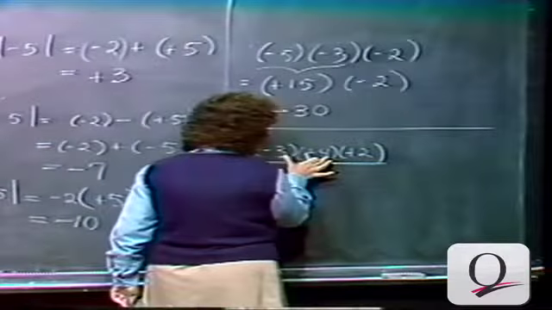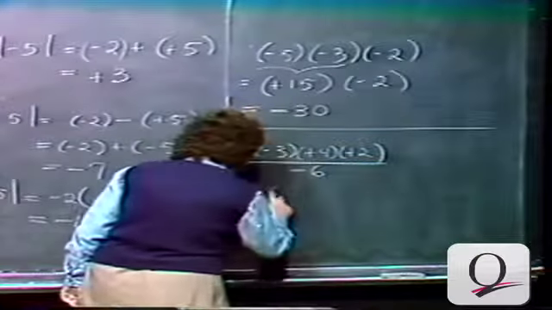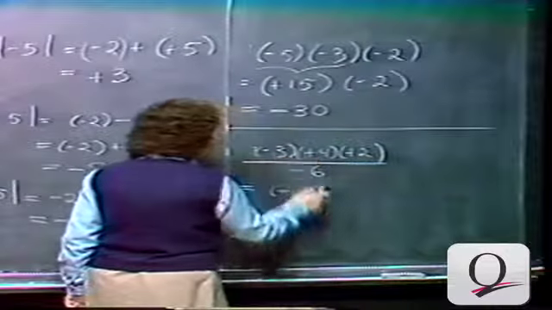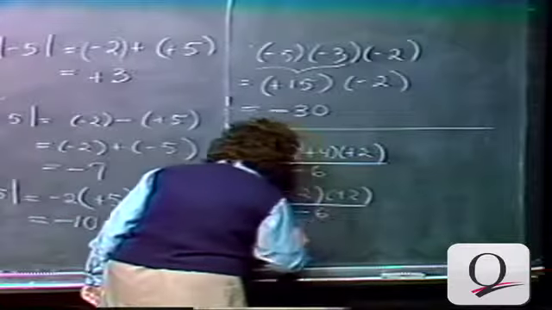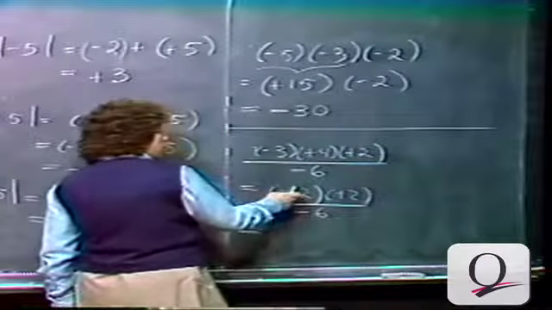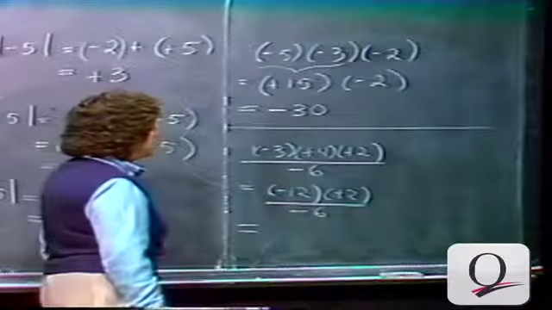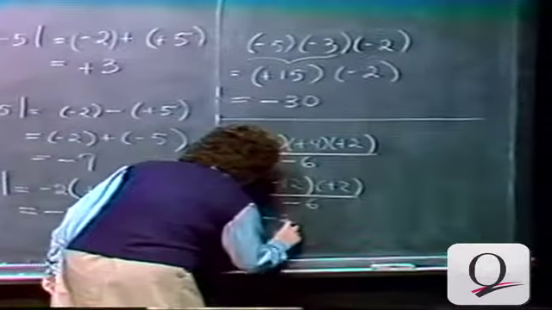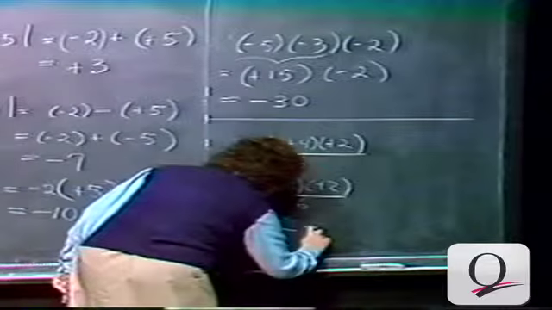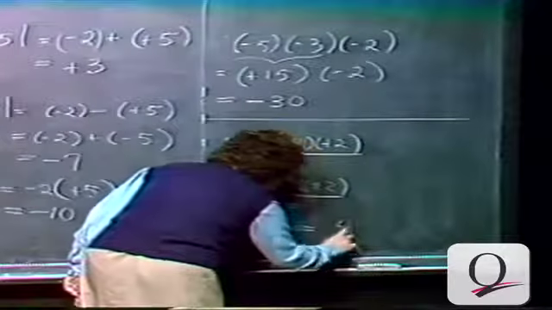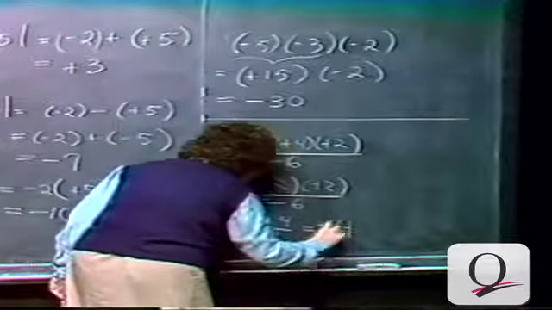The minus 3 times the plus 4 gives us a minus 12 times the plus 2 over the minus 6. And then the minus 12 times the plus 2 gives us a minus 24. And dividing it by the minus 6, well, 24 over 6 is 4. They have the same sign, so the answer is plus 4.